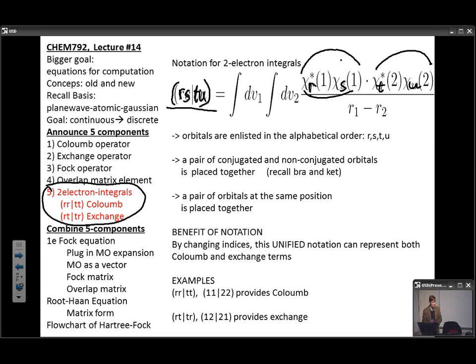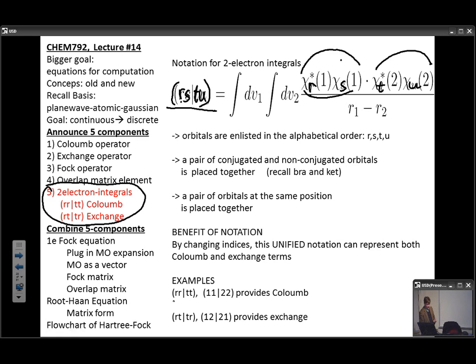So staying with this agreement, one still can represent different types of interactions appearing from electrons interacting with each other. By swapping the order of those indices, one can represent either Coulomb or exchange terms.